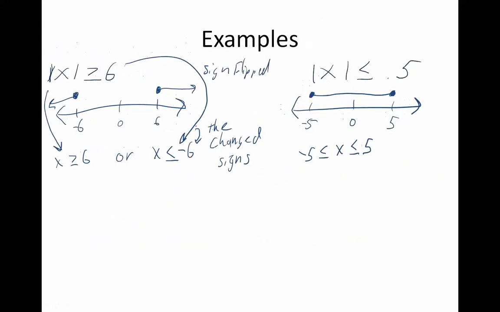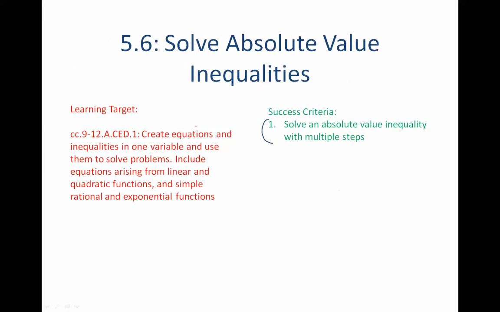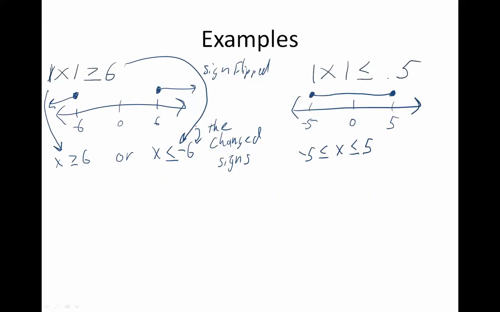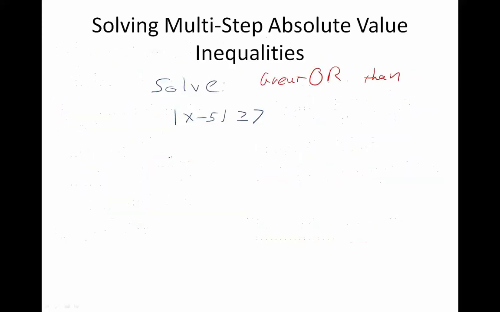Remember this weird phenomenon that showed up back here. Notice that when we made the second equation, we flipped the inequality sign and we changed the sign of the number. We're going to do that same thing here.